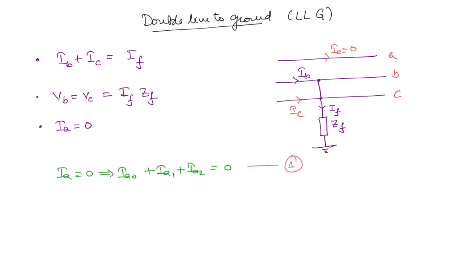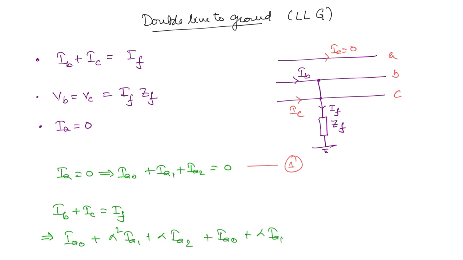So what will happen here? IB plus IC is equal to IF. This also, if you represent in terms of symmetrical components, what will you get? IA0 plus alpha square IA1 plus alpha IA2 plus IA0 plus alpha IA1 plus alpha square IA2. This is equal to the fault current.